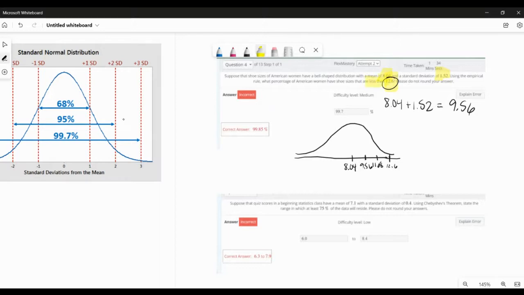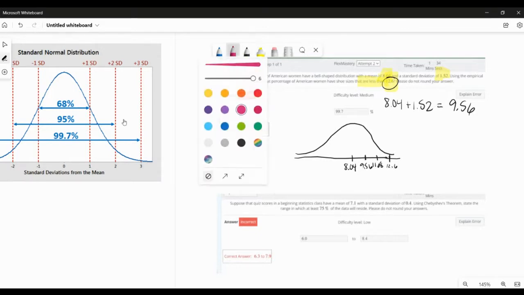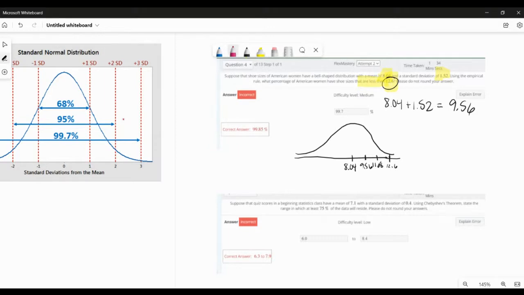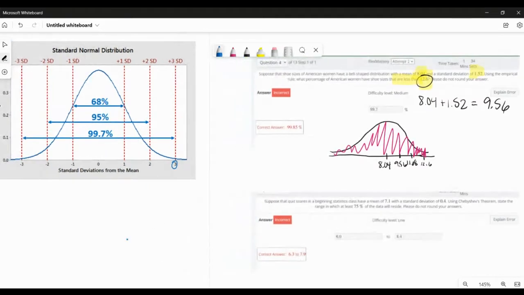Okay, now I'm going to go up here and look for a keyword. It says less than this number. So now I need to find the percentage from 12.6, all of this over to the left. Now I know, using my empirical rule, between 3 standard deviations in each direction, that's 99.7% of the data.